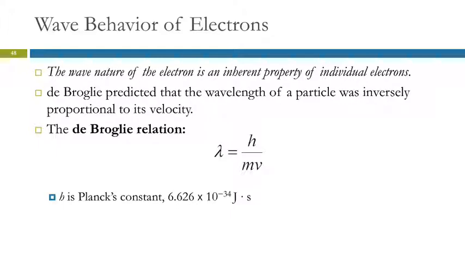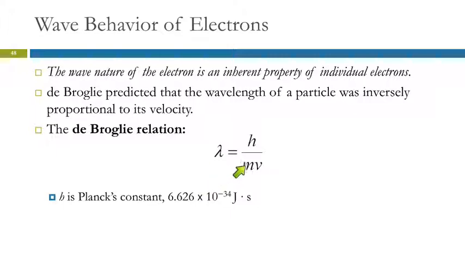And de Broglie predicted that the wavelength of a particle was inversely proportional to its velocity. Electrons are not electromagnetic radiation. How fast does electromagnetic radiation travel? The speed of light, right? Because it's light, it travels at the speed of light. Electrons are not light, so they travel at speeds other than the speed of light.